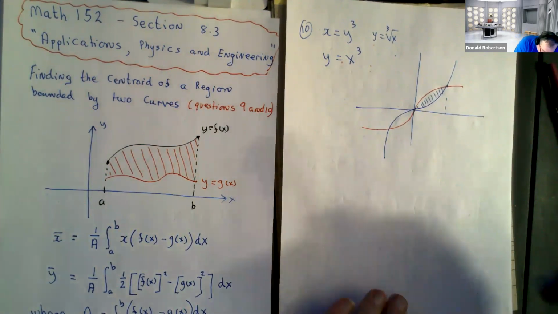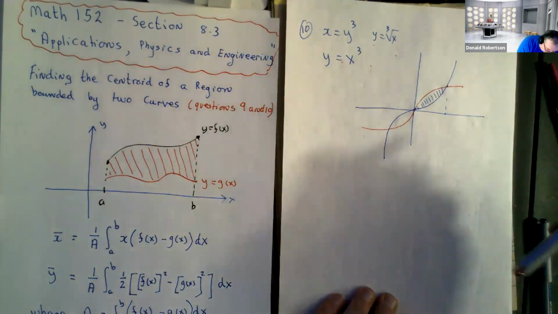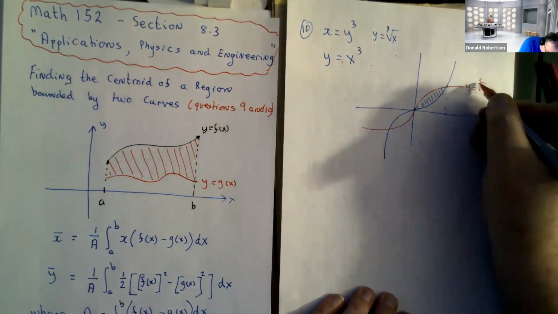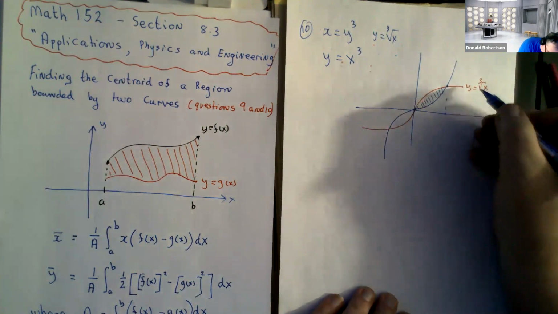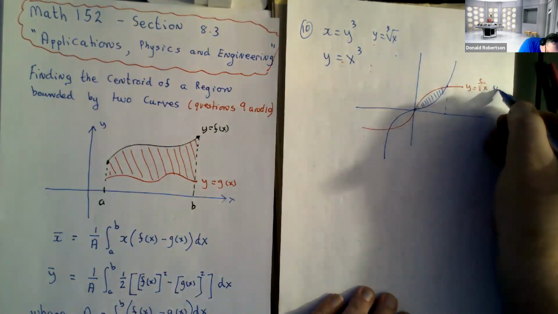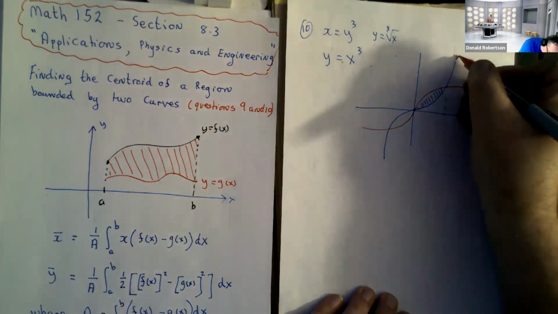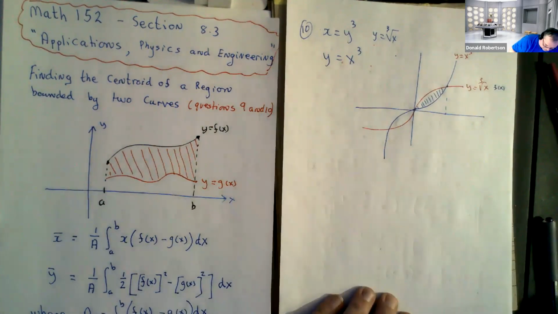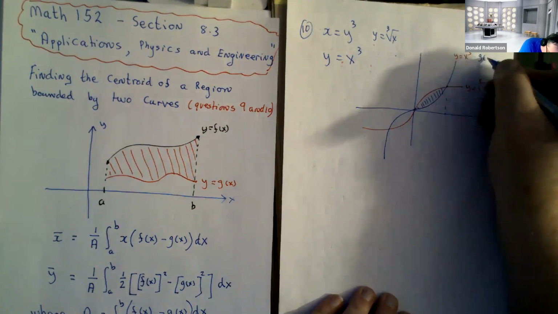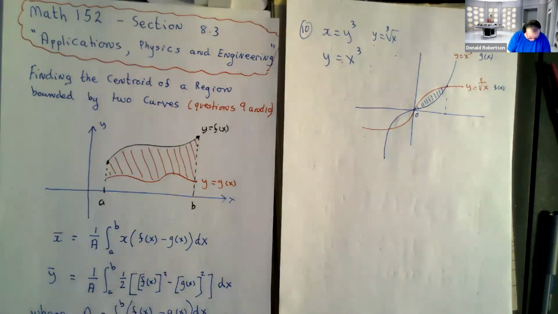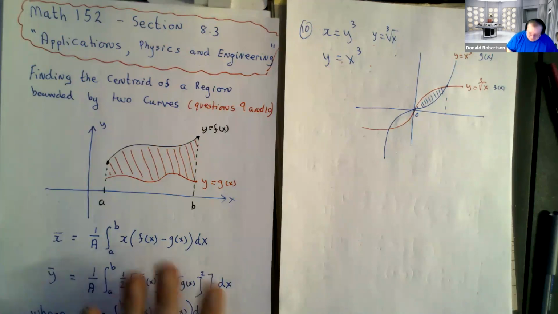So the red one is clearly the highest, and the red one is going to be the cube root of x. So that guy is going to be f of x. And y equals x cubed is going to be your g of x. And you're going to be doing it from 0 to 1. And pretty much same method as we did in this earlier question.